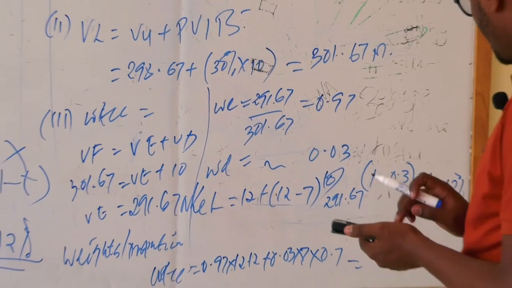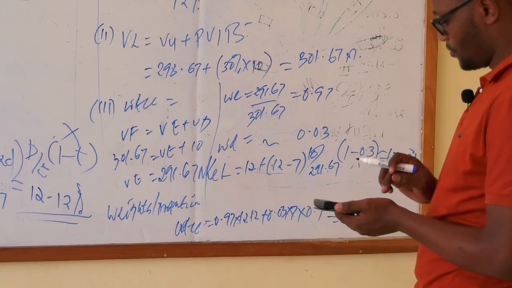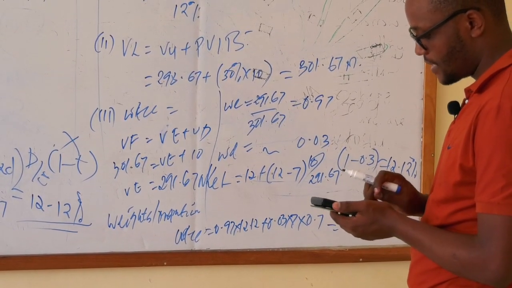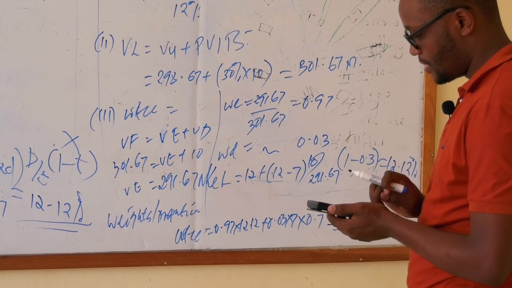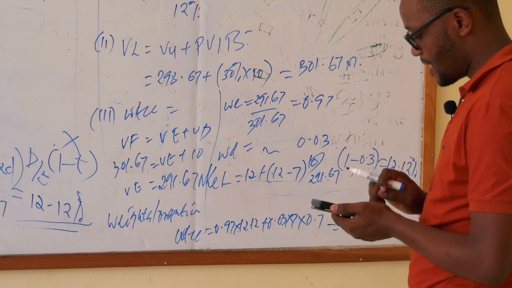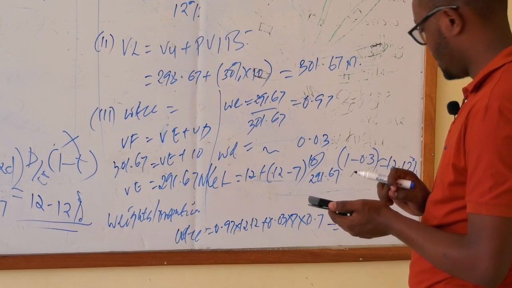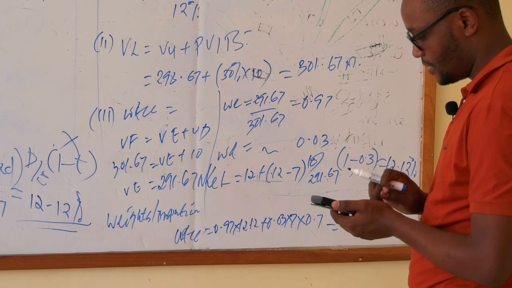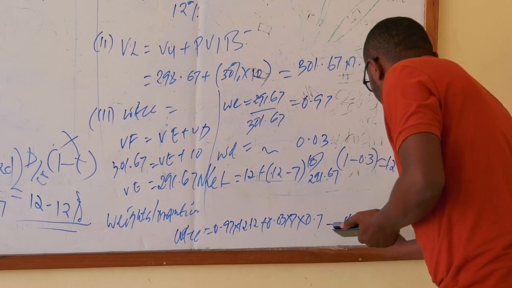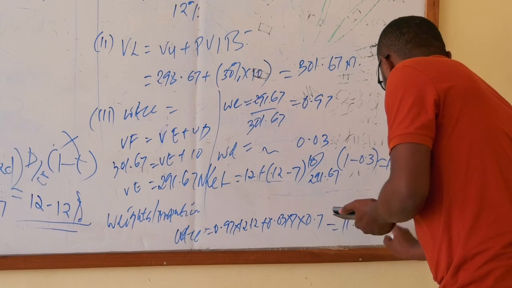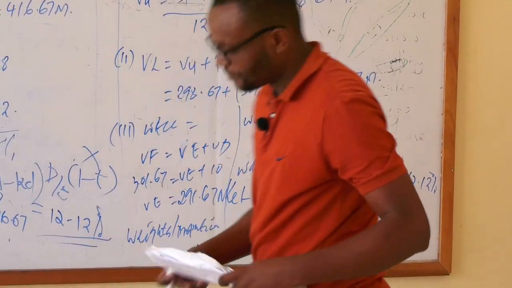You can have in brackets 0.97 times 12.12, plus 0.03 times 7 times 0.7. You are going to get 11.90%. That is the answer.